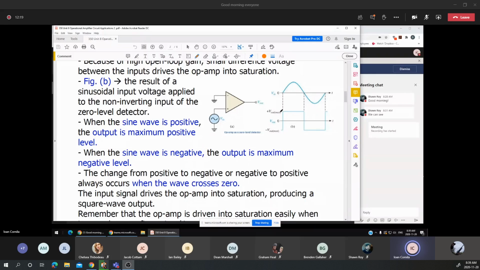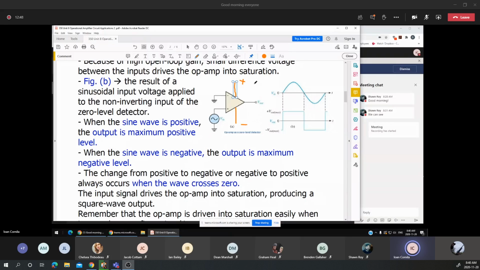Remember that the maximum output voltage is based on the applied voltage, and we have the two voltages, one positive and the other negative. Means that rail to rail, the output voltage can swing between the negative voltage applied to the op amp and the maximum positive voltage.